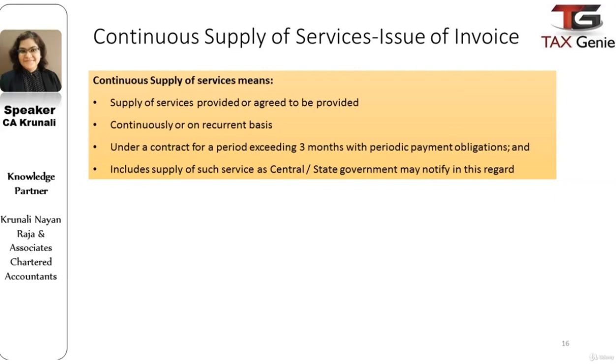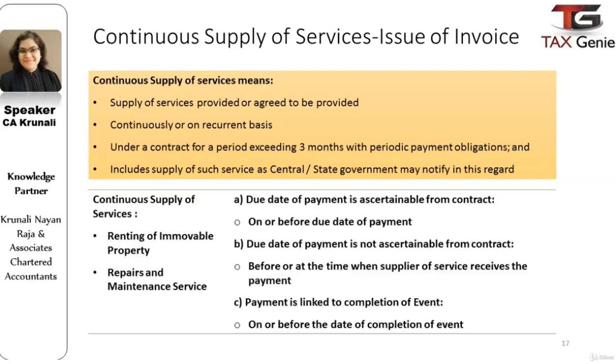So while we understand the term continuous supply, let us now understand what are the due dates of payments. So let us first see continuous supply of service in case of renting of immovable property. If the due date of payment is ascertainable from the contract, then the time of supply would be on or before the due date of payment.